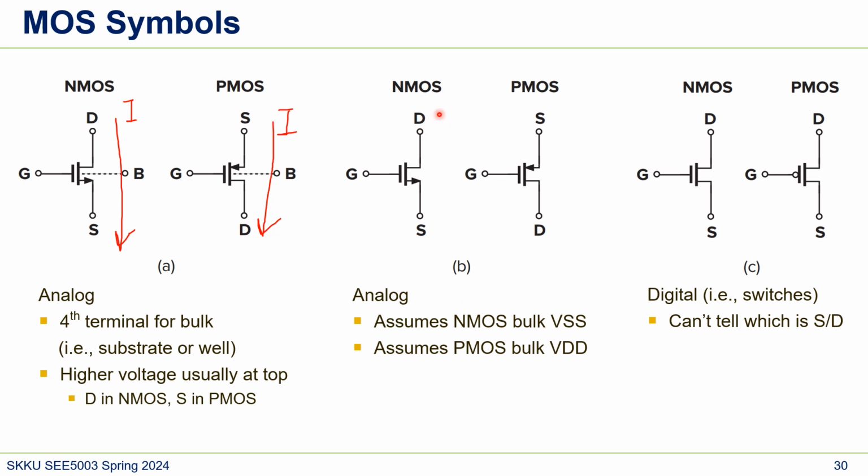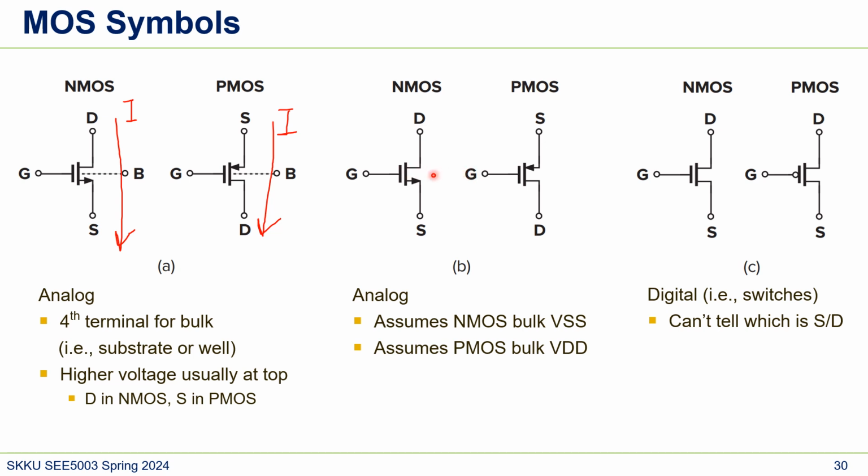And then let's move on to the next symbol. This is also used for analog circuit drawing. The difference between here and here is that in this case, they don't have a bulk representation. They just omit the bulk connection because it's simple.